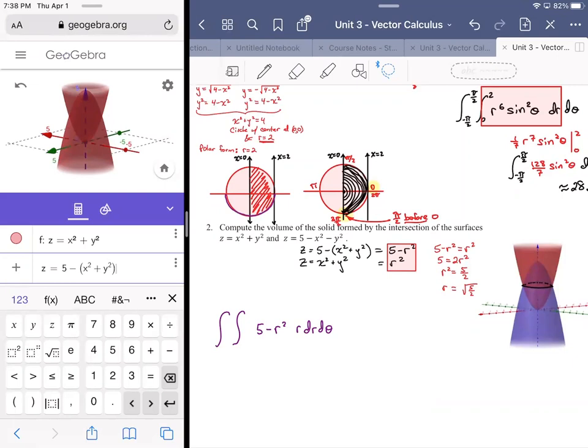And when we say beneath it, just like in Calc 1, Calc 2, when we would say the area under the curve, it wasn't really under infinitely. It was the area between the curve and the x-axis. Now it's the volume between the surface and the xy plane. That's what this double integral is going to give us. All right.